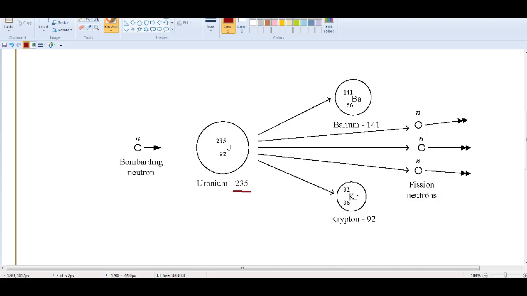These neutrons we call fission neutrons, and the neutron used to hit the uranium we call the bombarding neutron. So the picture is like this: a heavier nucleus is split into two lighter or smaller nuclei, plus some neutrons.